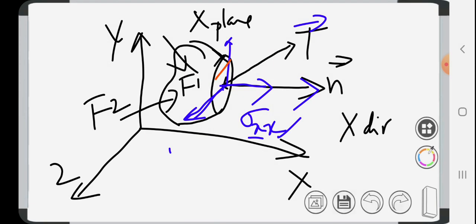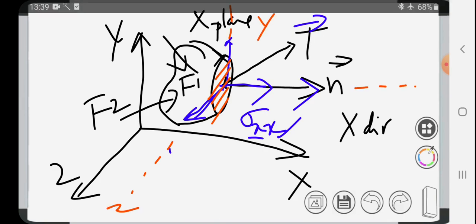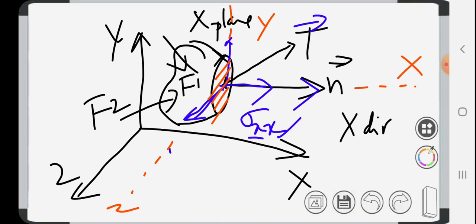Our surface is the x plane. This component is acting in the z direction, this in the y direction, and this in the x direction. The x direction coincides with the normal vector, so this is a normal stress.